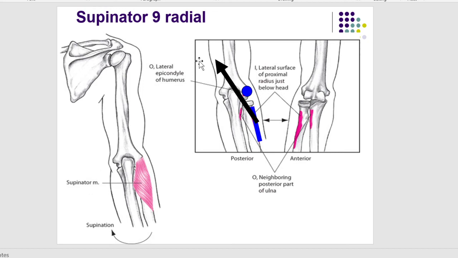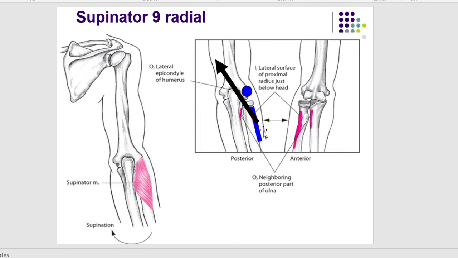The supinator muscle originates from the lateral epicondyle and inserts in the lateral surface of the radius.